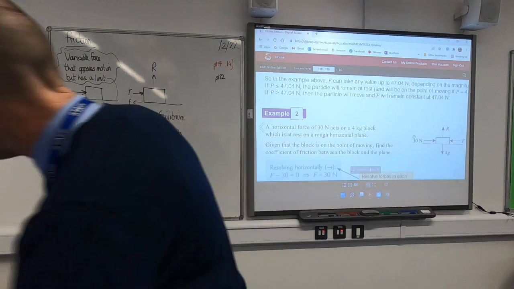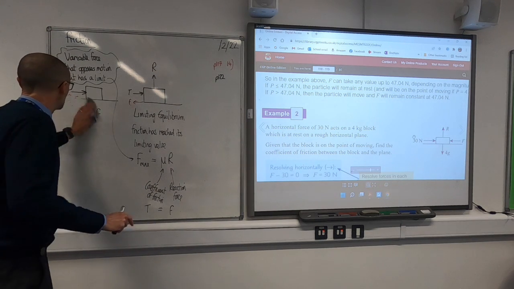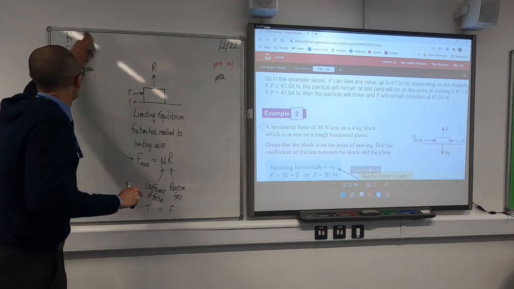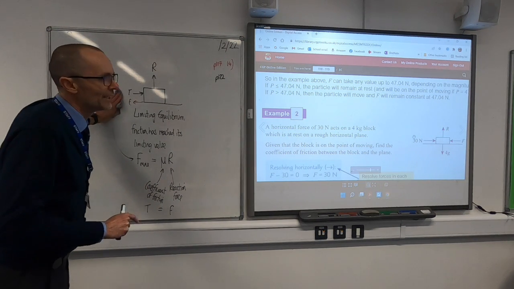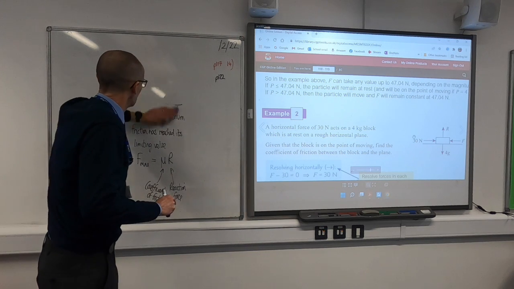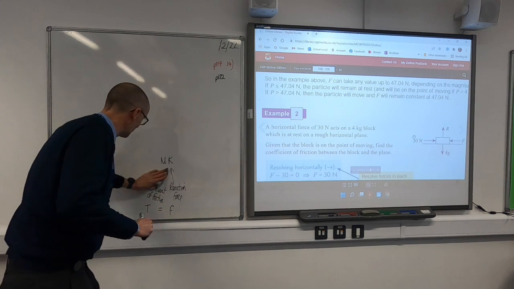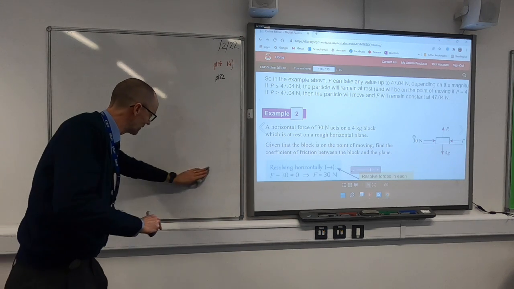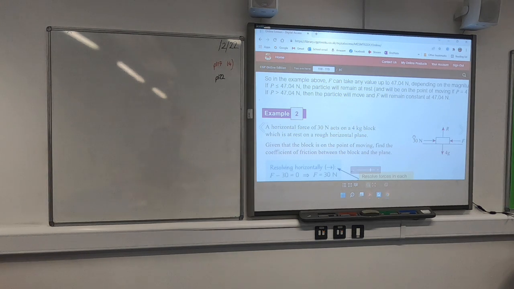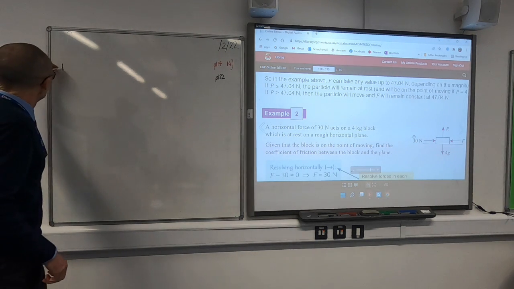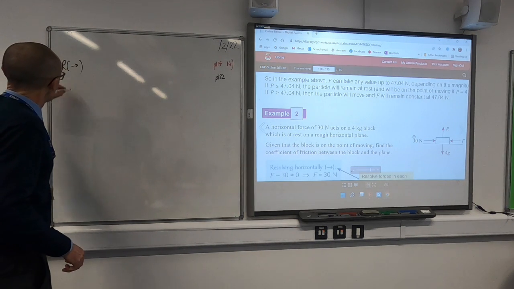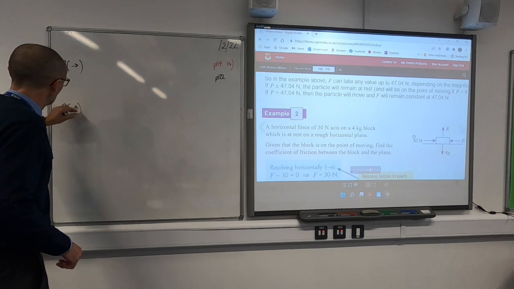So let's start by doing our normal resolving, and because we're not on a slope, we're going to go horizontally and vertically, and hopefully it's nice and straightforward here, no angles to worry about. It won't last long, unfortunately, but there we go. So go and write your formulas for resolving horizontally and vertically.